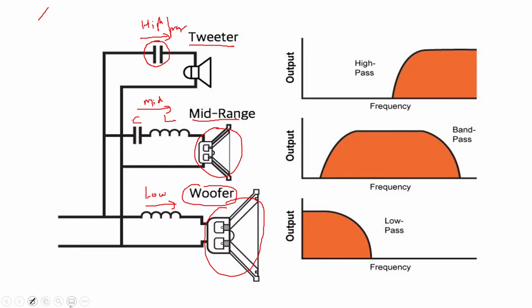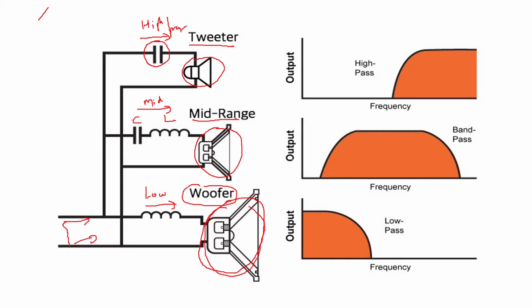So from this main connection of electricity, you are going to separate them based on your L and C combinations, which are called crossover networks, and give the appropriate frequency to the appropriate speakers. The speaker which handles high frequency is smaller in size as the tweeter shown here, and the speaker which handles lower frequency is larger in size as the woofer shown here.